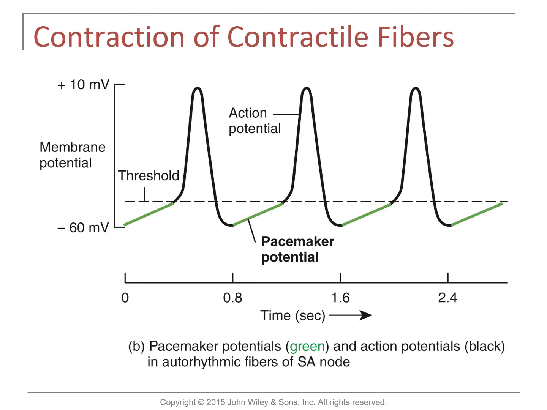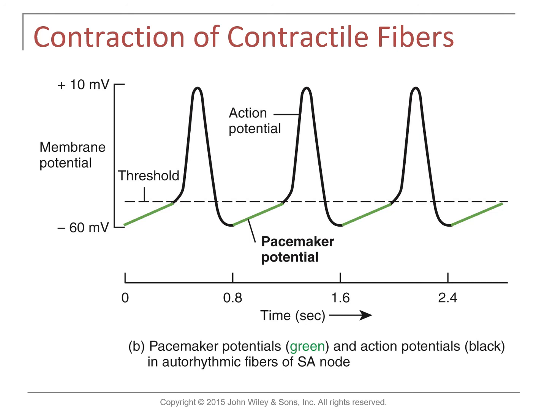On this diagram, we have a depiction of the membrane potential as it changes in the pacemaker cells of the autorhythmic sinoatrial node cells. Note the slow depolarization due to the slow leak of sodium into these cells.